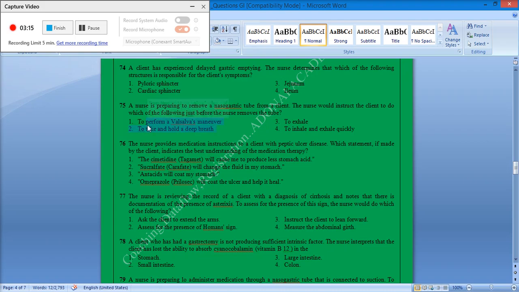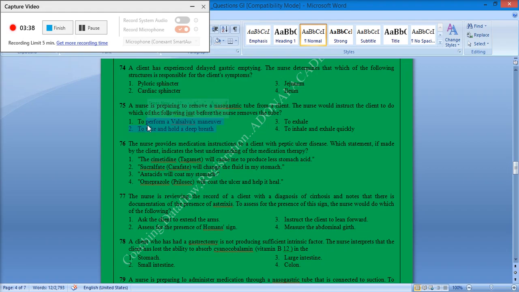76. The nurse provides medication instruction to a client with peptic ulcer disease. Which statement, if made by the client, indicates the best understanding of the medication therapy? 1. The cimetidine will cause me to produce less stomach acid. 2.